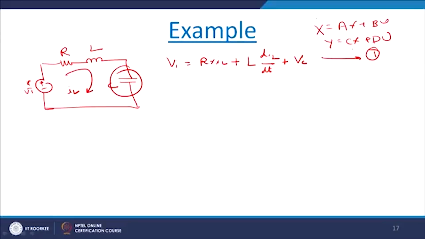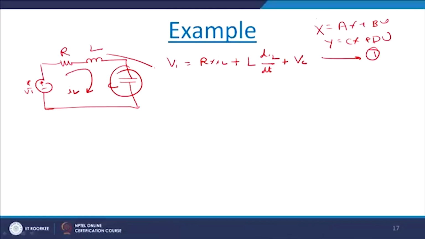Now our purpose is to develop the state space model. As I told you, the number of energy storage elements: you will see that L and C are the energy storage elements. Why? Because for the inductor we can write VL equals L dIL by dt.